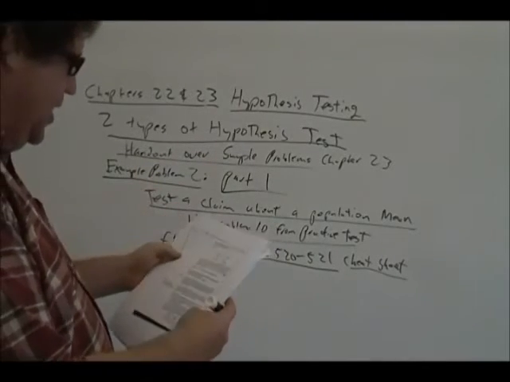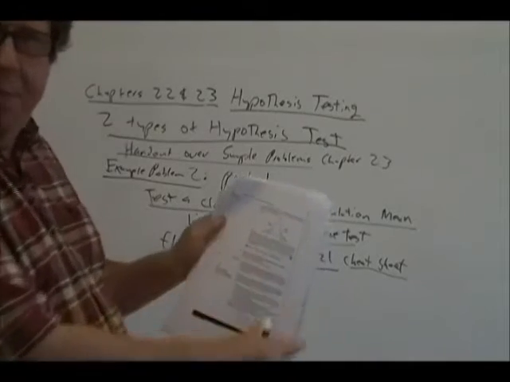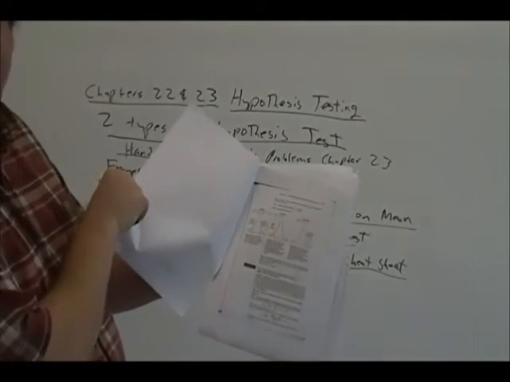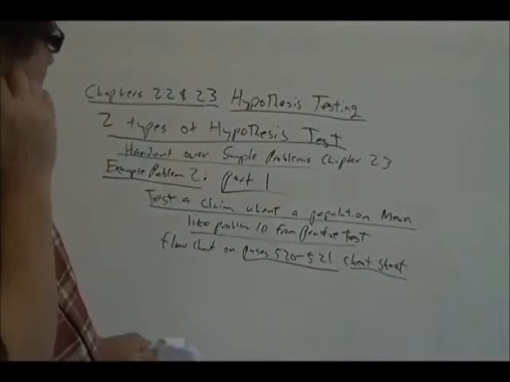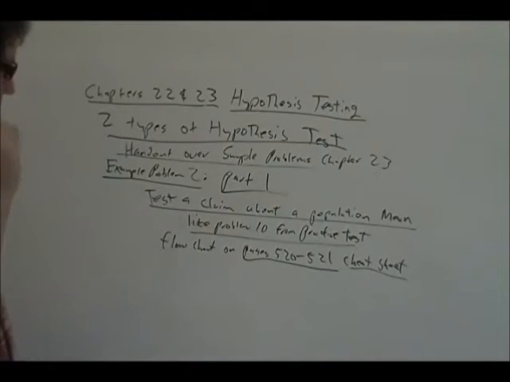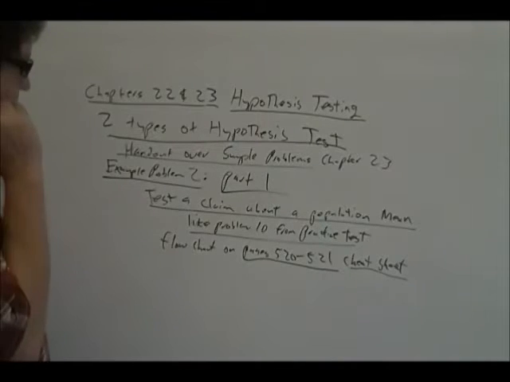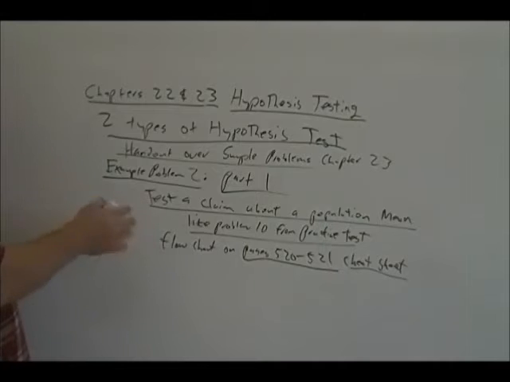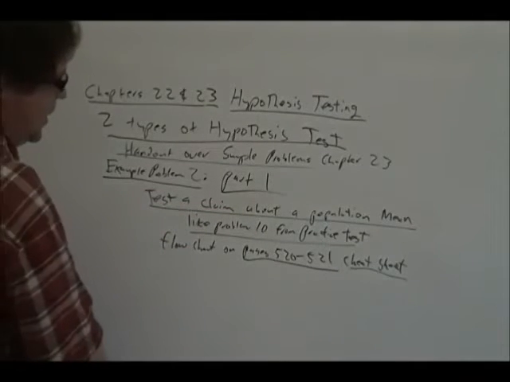Pages 520 and 521 are the 6-step flow chart for doing a hypothesis test, testing a claim about a population mean. That's the flow chart you're going to use for problem 10 on test 3 as well.